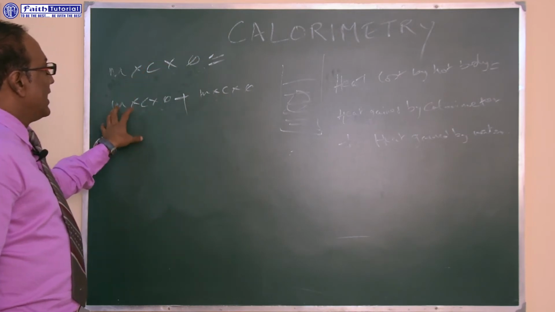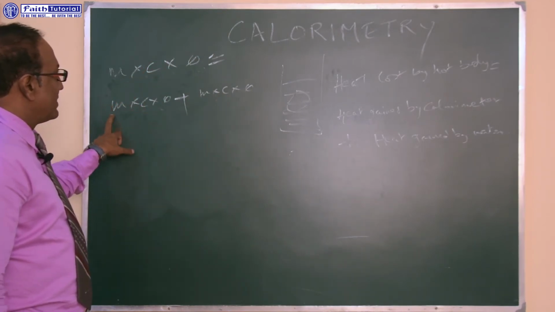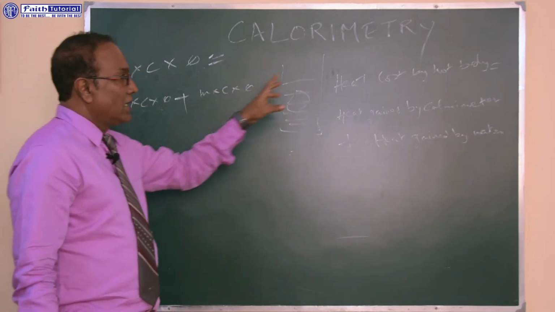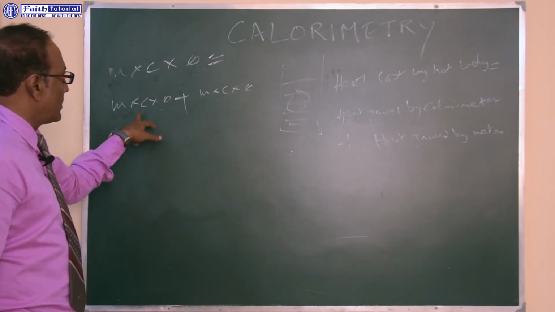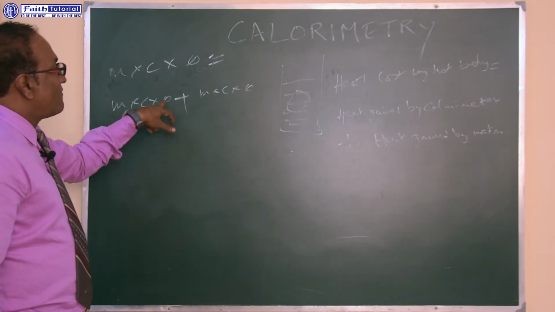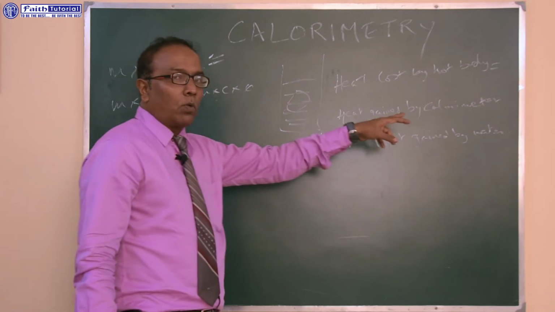This equals m, this is the heat absorbed by the calorimeter. This m is the mass of the calorimeter, C is the specific heat capacity of the calorimeter. Generally it is made of copper, so the specific heat capacity of copper, into theta. Theta is the change in temperature, that means final temperature minus initial temperature, plus heat gained by water.